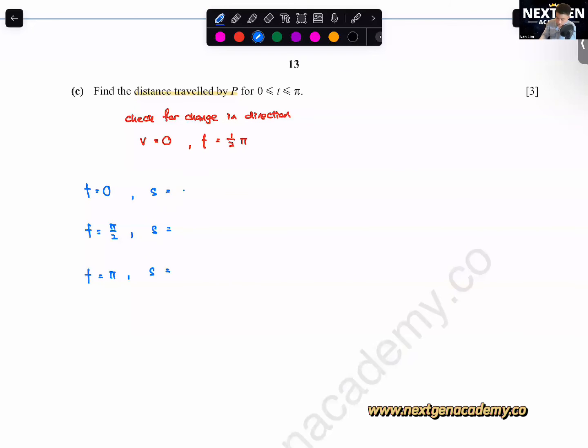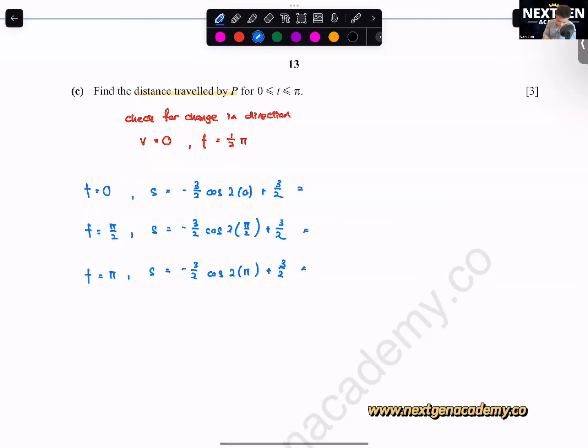Just now we got s equals negative 3 over 2 cos 2t plus 3 over 2. Okay, can you all just type in the calculator all these values? Tell me what you all get. Negative 3 over 2 cos 2(0) plus 3 over 2. Then negative 3 over 2 cos 2(pi over 2) plus 3 over 2. Then negative 3 over 2 cos 2 pi plus 3 over 2.